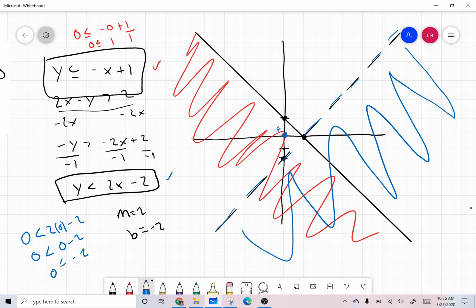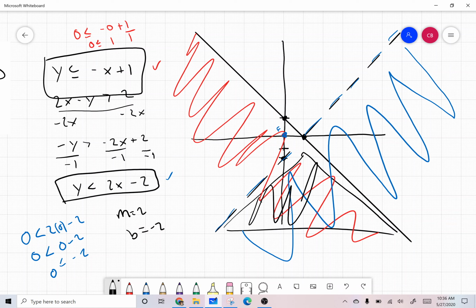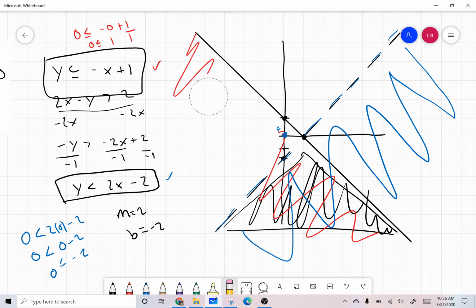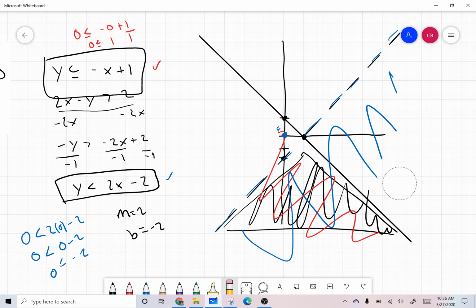Okay, now there's an issue. These red points that are not shaded blue, so see where it's red and blue, that's this area down here at the bottom. That's the important area. That's the one where the solutions are found. Everything in red up here, and everything in blue on the other side doesn't count because it doesn't satisfy both equations.